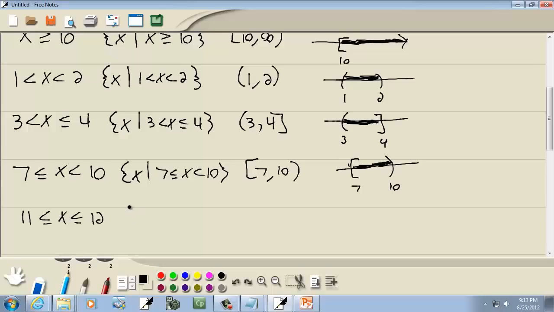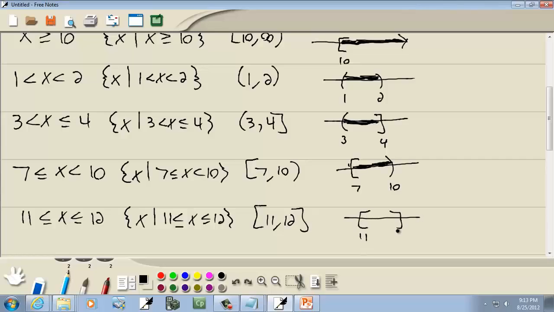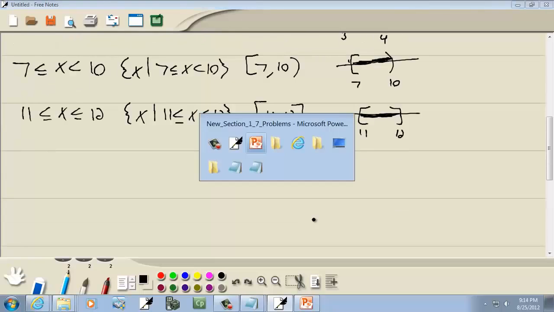Less than or equal to is on both of them. So we got x such that this is true. And then bracket on both of them. And on a graph, bracket on both of them. That'd be your answer. Or an answer. That would be our form.